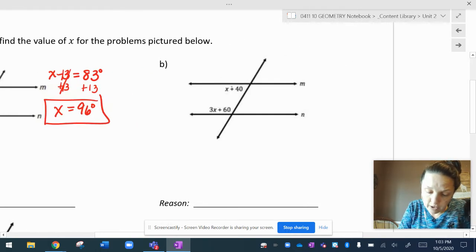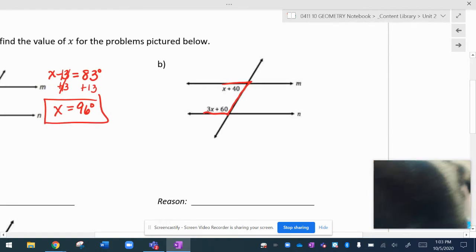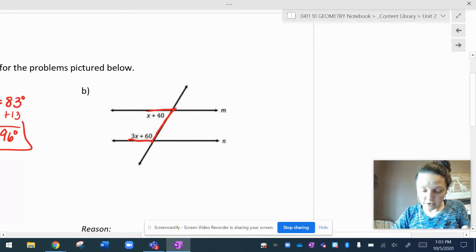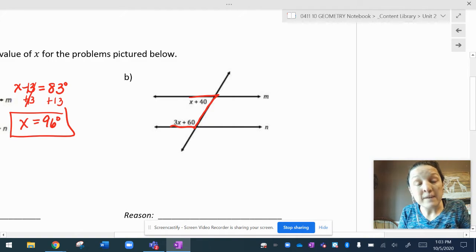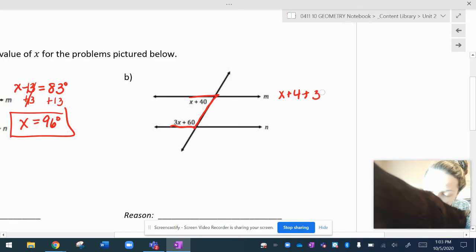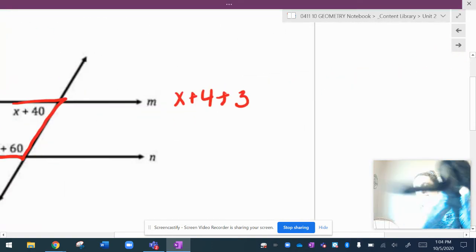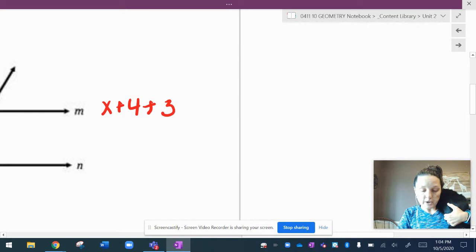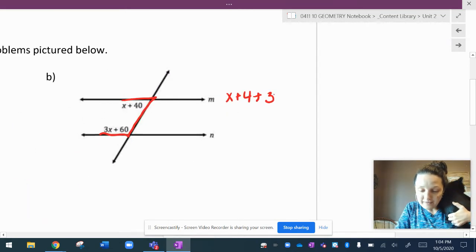I look over here, X plus 40, 3X plus 60. If I box them in, that's not the letter Z. Hello, Peter. That's not the letter Z. That's kind of like a backwards C. Those are same side interiors, so they are supplementary. X plus 40 plus 3X plus 60.